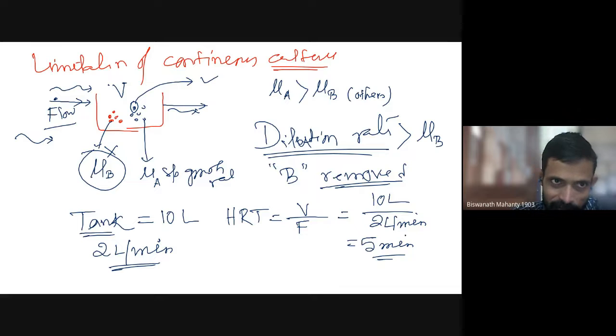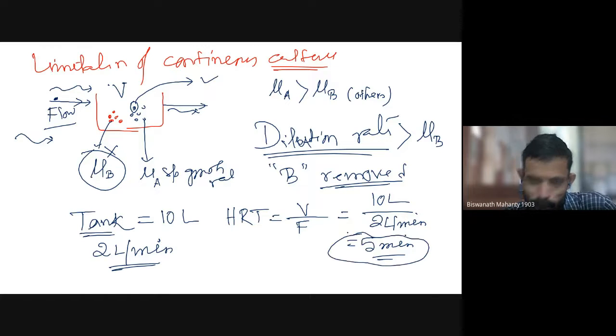If I put something here, it will stay here normally about 5 minutes. After that, it will go away, because the tank size is 10 liters. That means 5 minutes is the time someone has the opportunity to stay here.